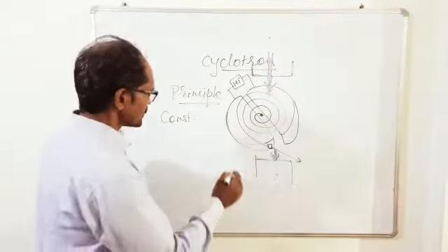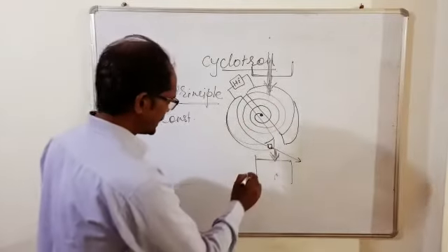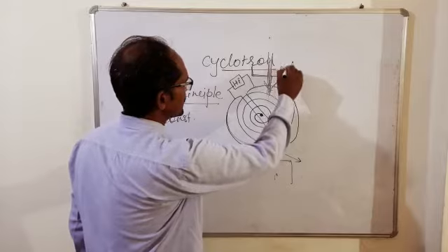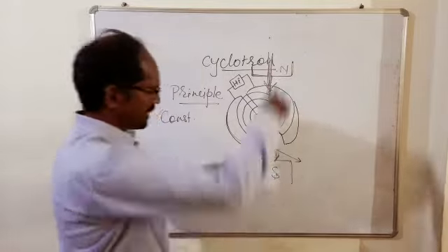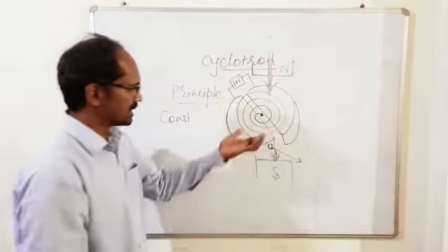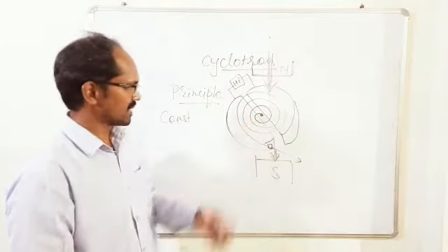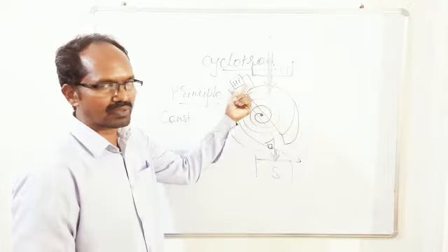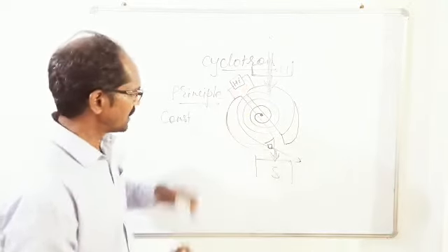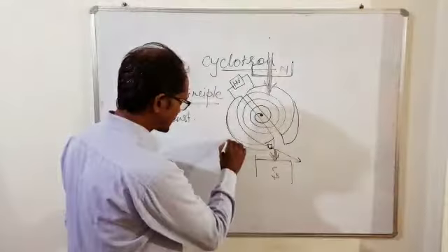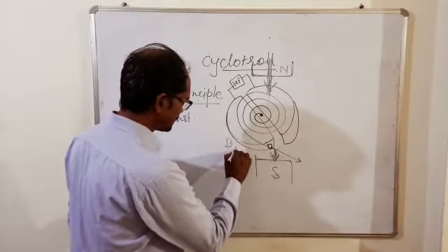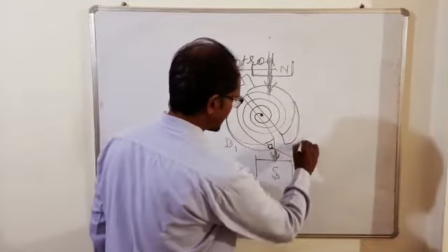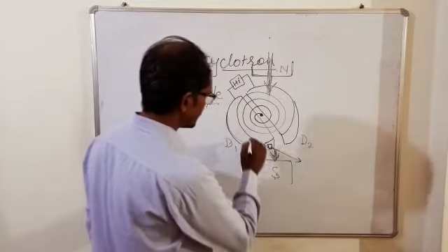Okay. So what happens, we'll see in the working. This is the magnet, suppose north and south. Magnetic field vertically downward. The Ds are in this way. What is the role of this high frequency oscillator? It will keep D1 negative, suppose, at any time, and D2 positive.